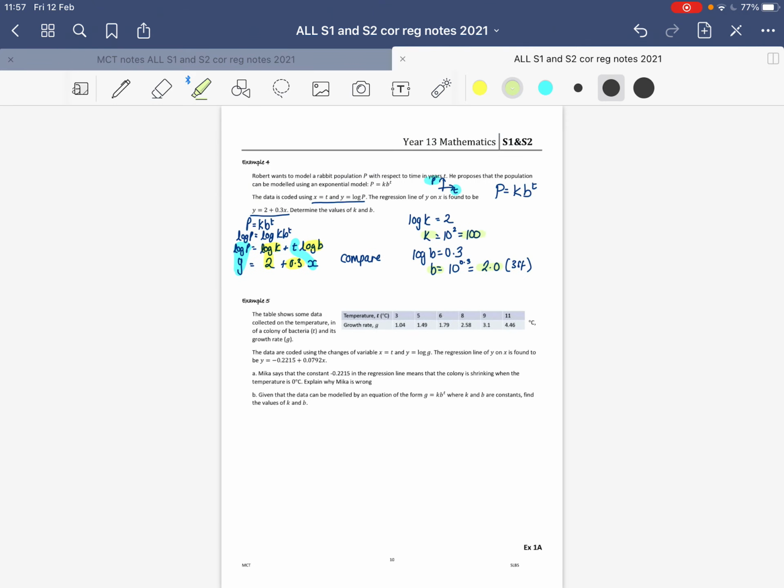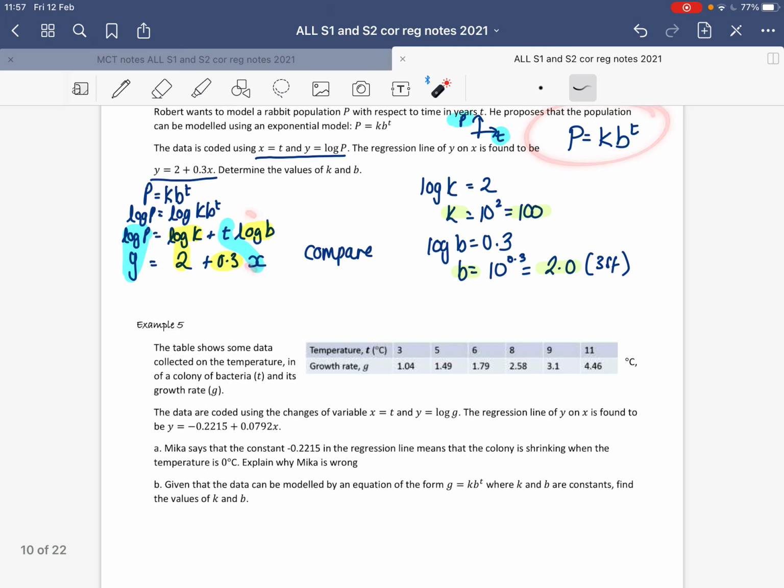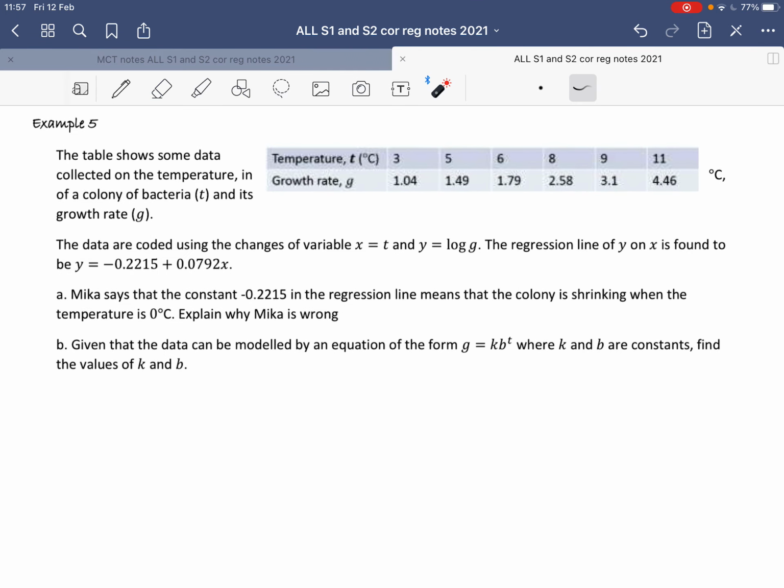Okay, example 5. So just change a little bit each time. If you always go with this idea, I always take the model and take logs and compare it to a straight line, and then normally the answer falls out. So the table shows some data collected on the temperature in a colony of bacteria and its growth rate.